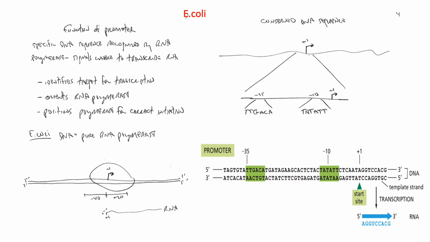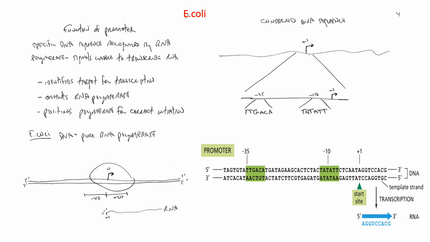I want to just mention what's the function of the promoter. This is actually true in E. coli and eukaryotic cells. It has a number of functions. It's a specific DNA sequence, and it's recognized by the RNA polymerase, and it signals where to begin transcription.